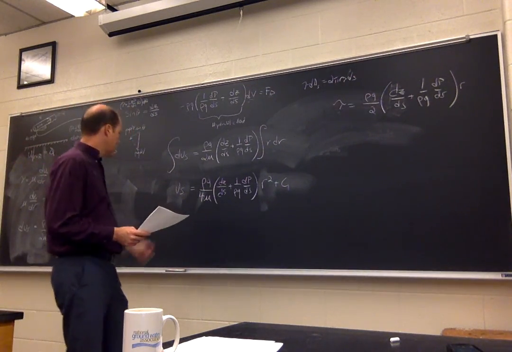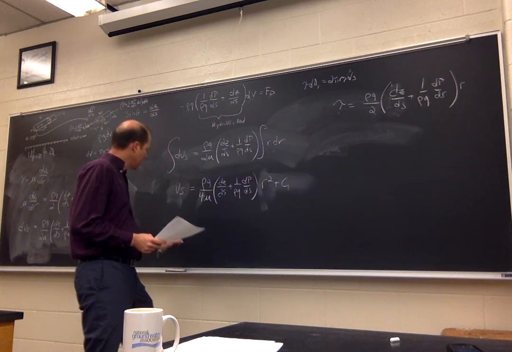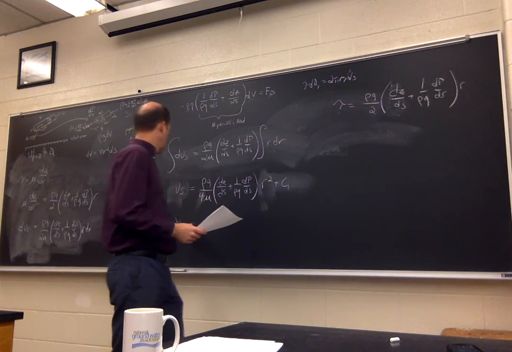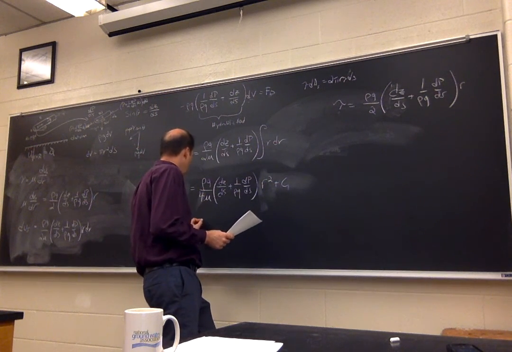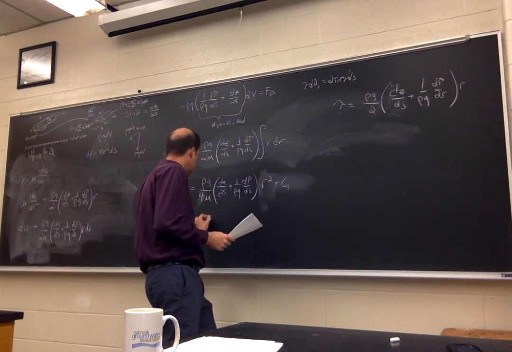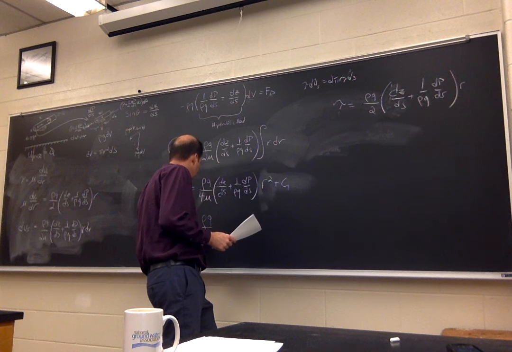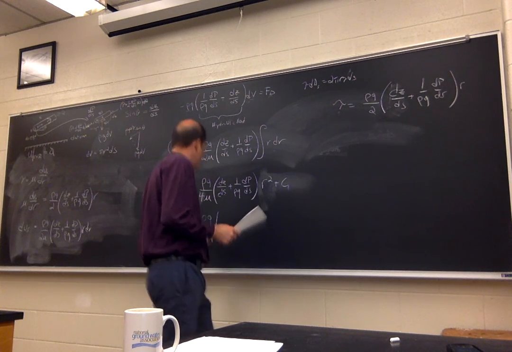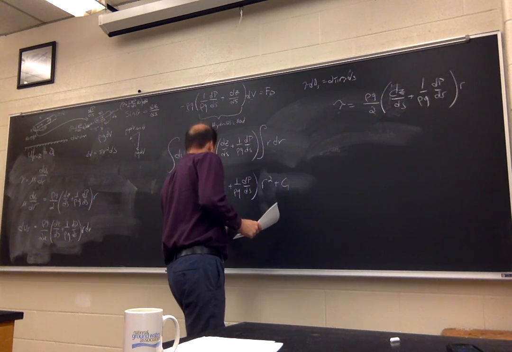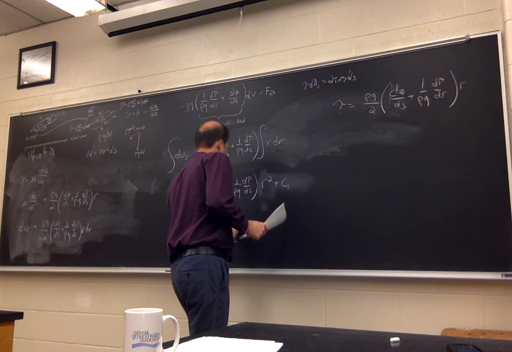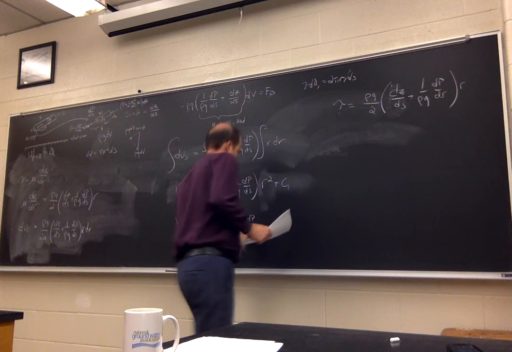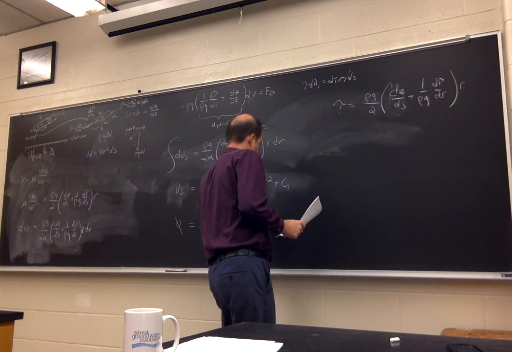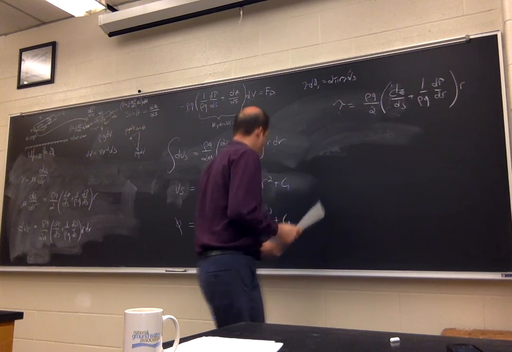All right. So for the velocity equals 0 when little r becomes big R, so that rho g over 4 mu dz ds plus 1 over rho g dp ds times big R squared plus C1.